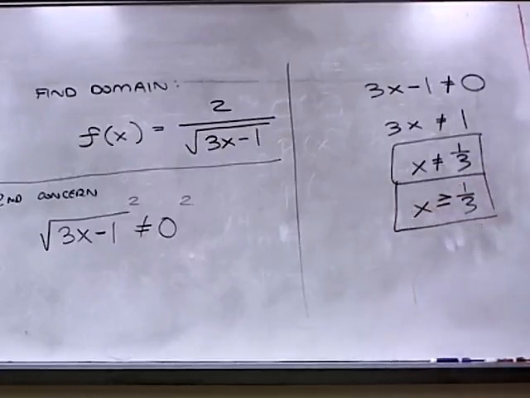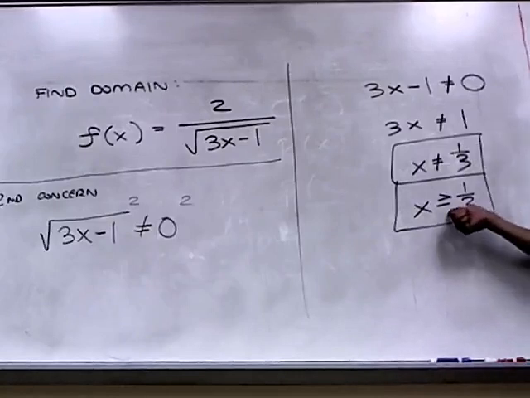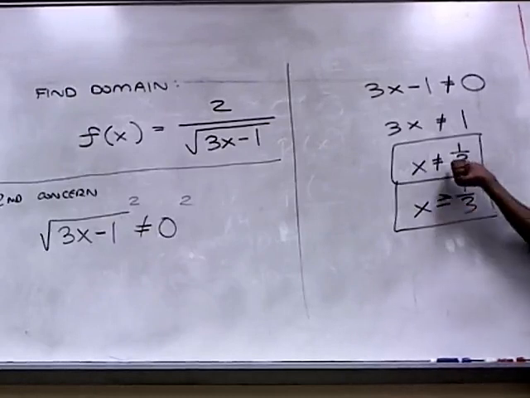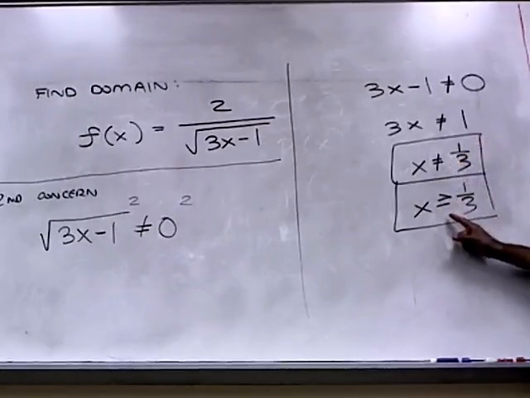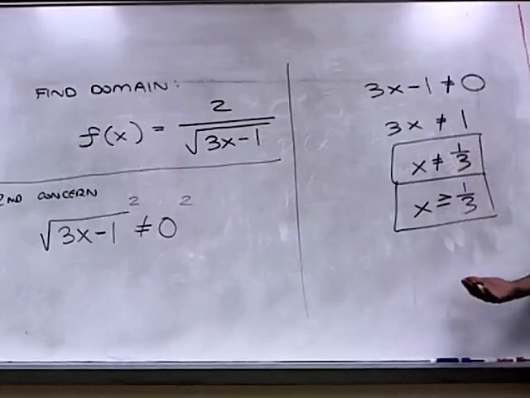So now we need to combine these two pieces of information into one final answer. This one says our x has to be bigger than 1/3, and it can be 1/3. This one says, well, wait, hold on. If you allow it to be 1/3, I'm going to divide by 0, and that's going to be a problem, right? So what do you think our answer is?